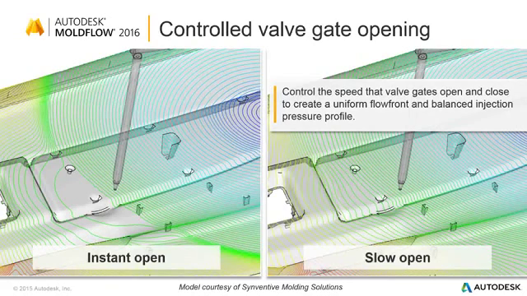In this particular case, we see a lot of hesitation in the instant open scenario. We see a lot of hesitation in this particular area, and a lot of acceleration in the flow front in this other area over here. As soon as this opens, it can also show some spiking in temperatures at that point, where in the slow opening valve gate scenario, the flow front progression is much more stable, and you hope to avoid a lot of the visual defects that you might see otherwise.